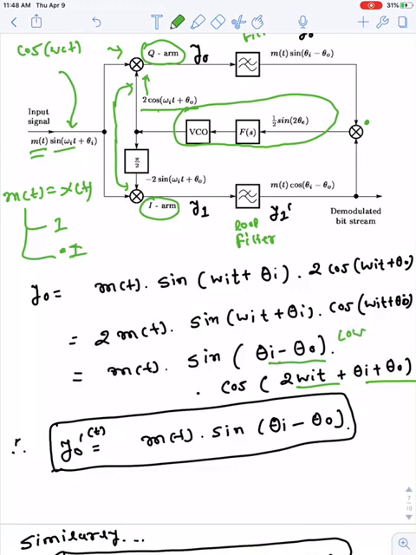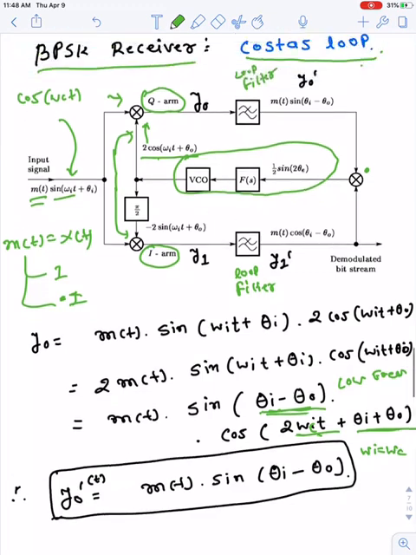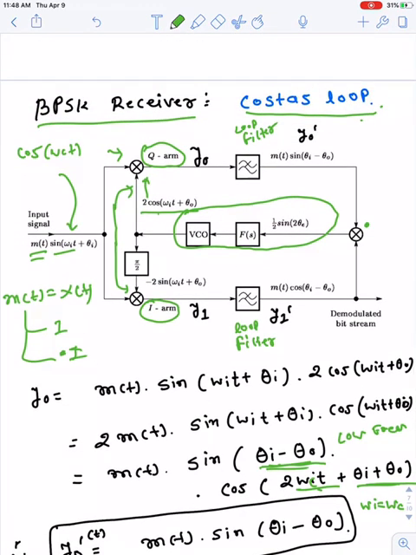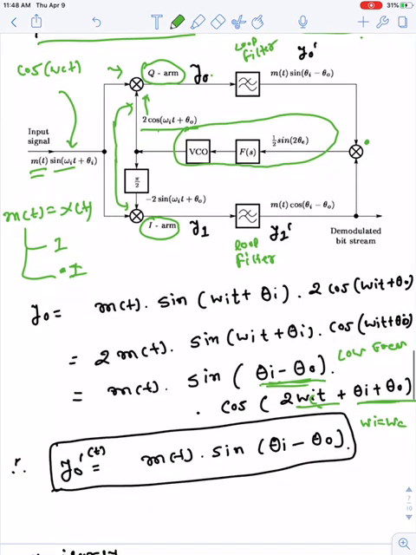This one is a low frequency signal, and this one is a high frequency signal, because omega I is nothing else but omega c, which is centered at the carrier frequency, plus this. And this is simply theta I minus theta 0, which is a low frequency signal. So here we are getting both the components.